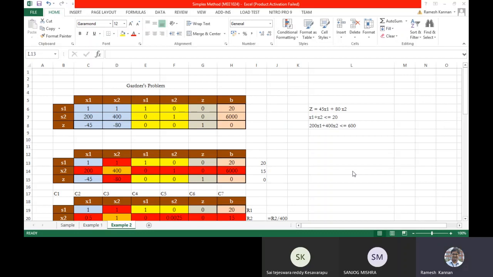You can use the matrix method to solve this to find x1 and x2.